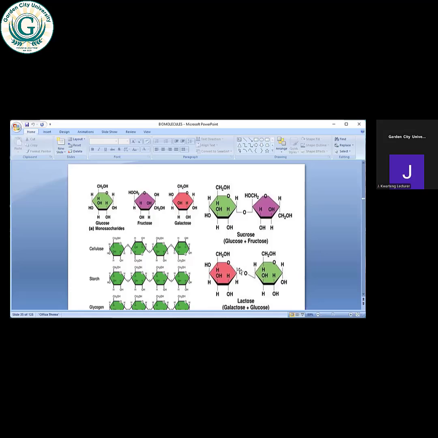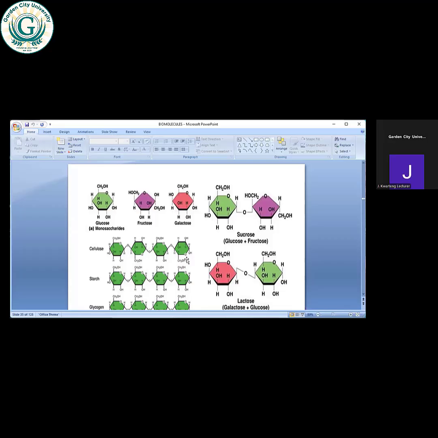This is considered a beta linkage, and this is rather an alpha linkage. So the type of glycosidic linkage which occurs in the disaccharide differs from one to another.